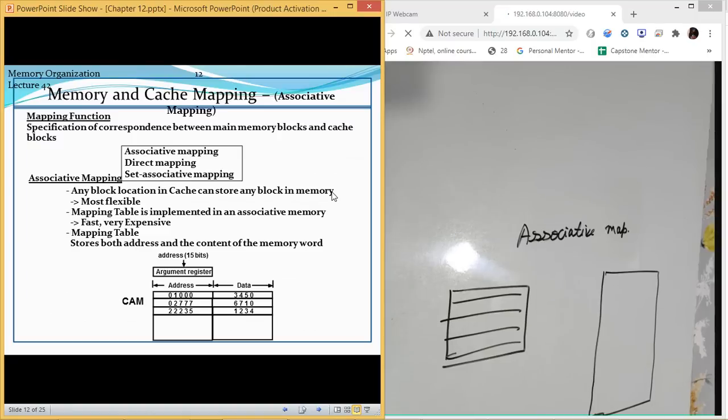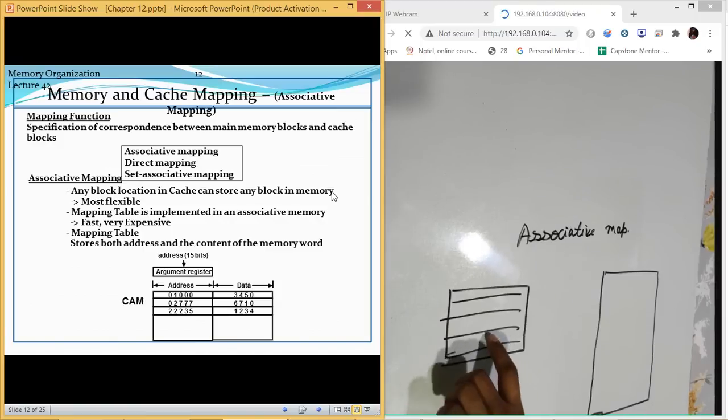This is the most flexible type of mapping. It is fast because everything is implemented inside the hardware and you can search it, but it is very expensive. We have discussed that every bit is going to have mapping logic in it, so everything is required, and that is why it is quite costly.